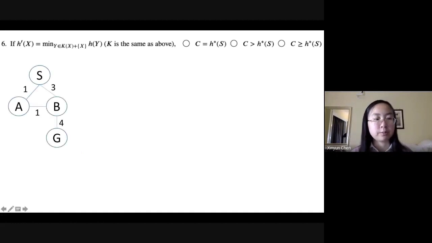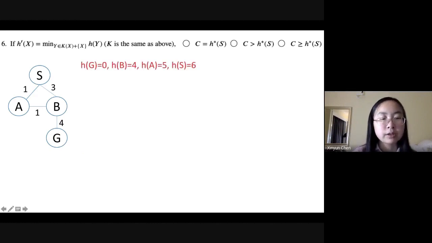Here is a pretty simple counterexample. Nodes S, A, and B are fully connected, and there is an edge between B and G. Let's say the heuristic values are HG equal to 0, HB is 4, HA is 5, HS is 6.